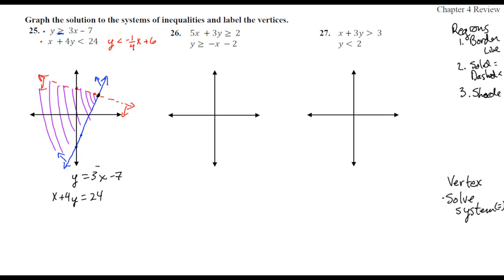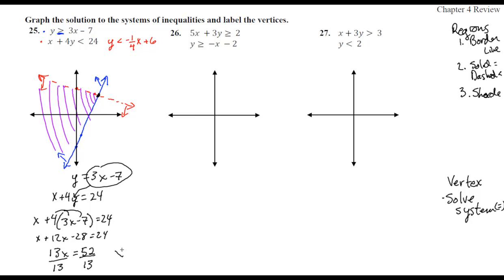Let's take that guy, put it in there, and we get x plus 4y, which is 3x minus 7, equals 24. So jump that in, and we get x plus 12x minus 28 equals 24. That's 13x. Add the 28 over there, and we get a 52. Divide by 13, divide by 13, and we get x equals 4.